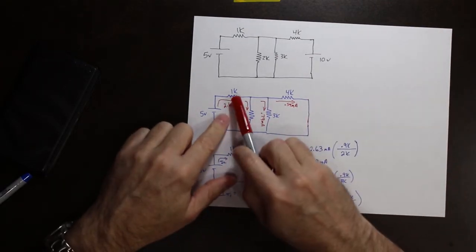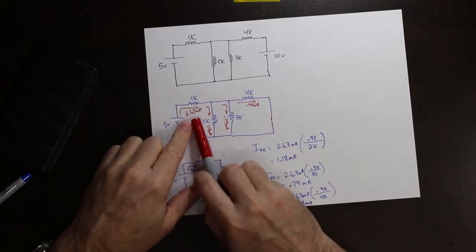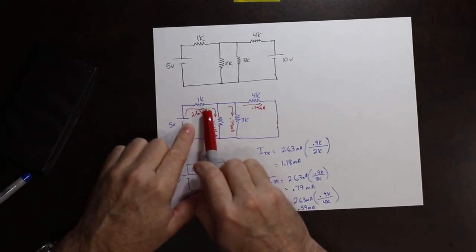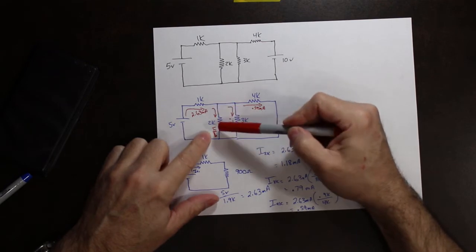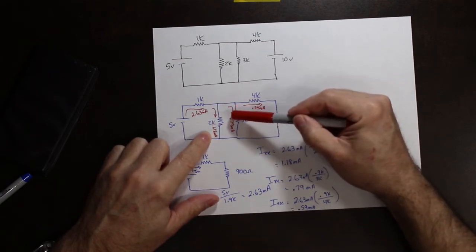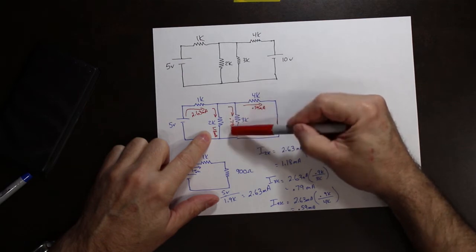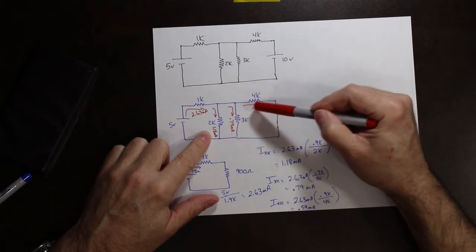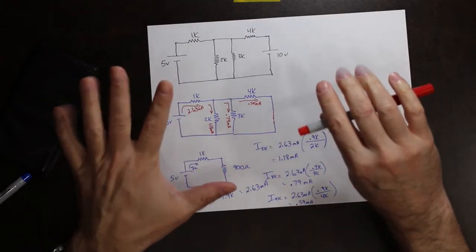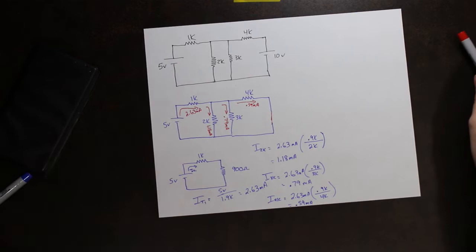So the current through the 1K is 2.63 milliamps, and it's going this direction. Through the 2K, it's 1.18 milliamps going that direction. Through the 3K, it's 0.79 milliamps going that direction, and through the 4K, it's 0.59 milliamps going that direction. So that's all the stuff that we need to know for the 5-volt supply.